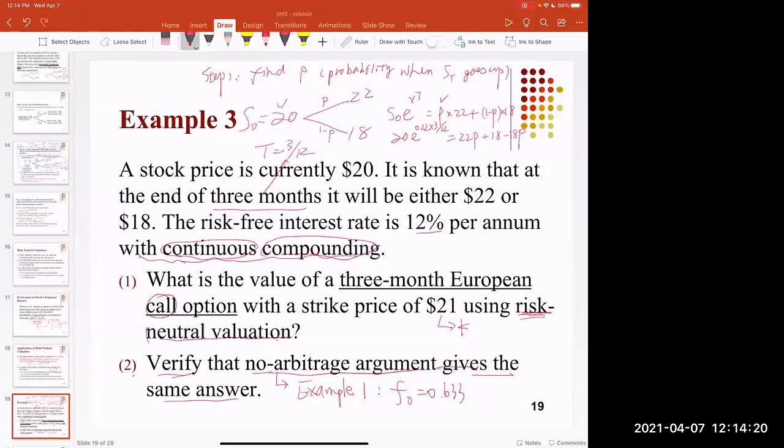So 22P and 18P, you can combine, that's 4P plus 18. So for the left-hand side, what did you get? And then find P. Can you do the calculation?